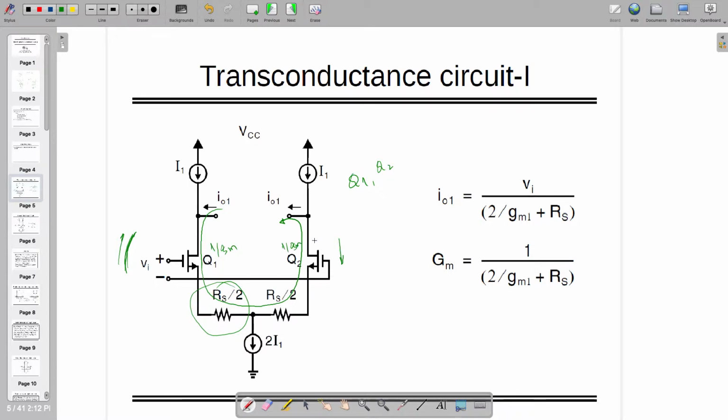So in total you are going to see VI divided by IO1 as 1 by GM plus 1 by GM plus RS by 2 plus RS by 2. So in total you are going to see 2 by GM plus RS, right? So IO is nothing but VI divided by 2 by GM plus RS.